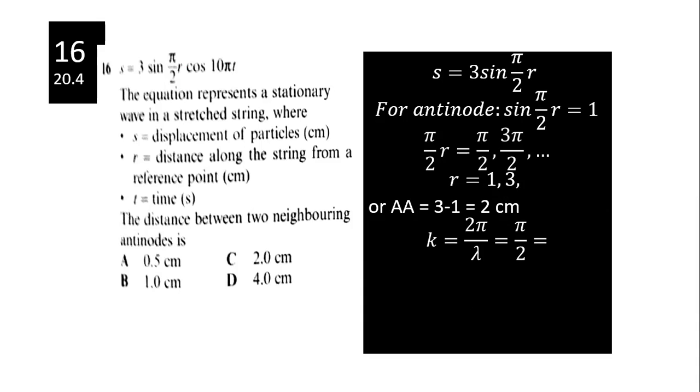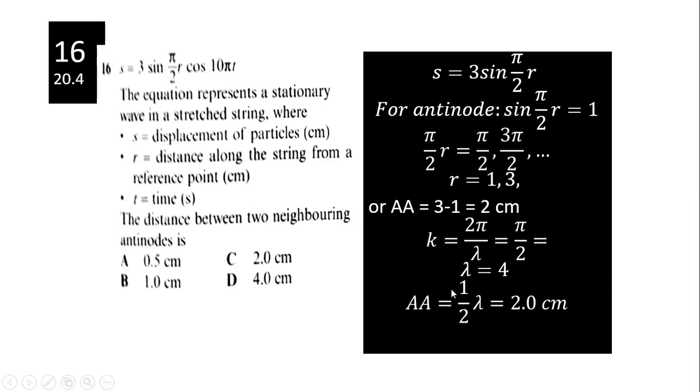Then K. So AA is 2 cm. Or you can find your K first and then find your lambda.